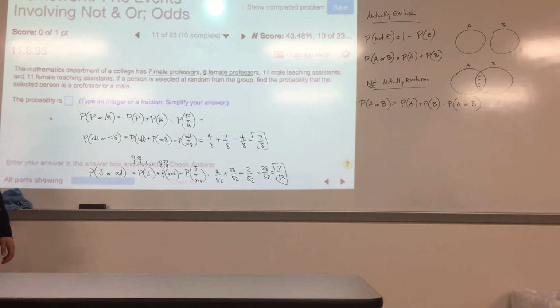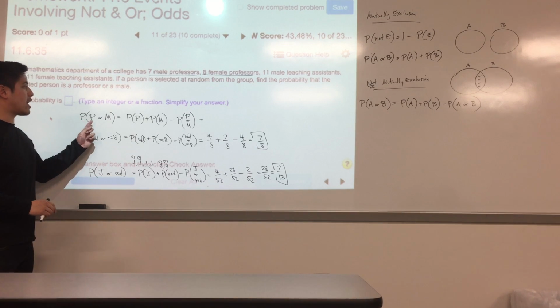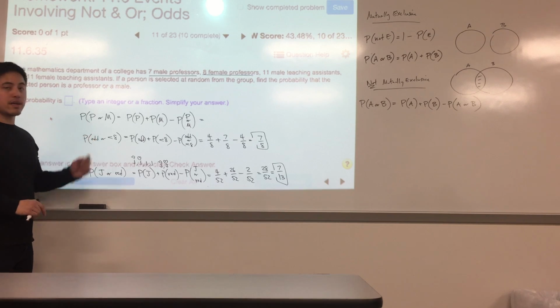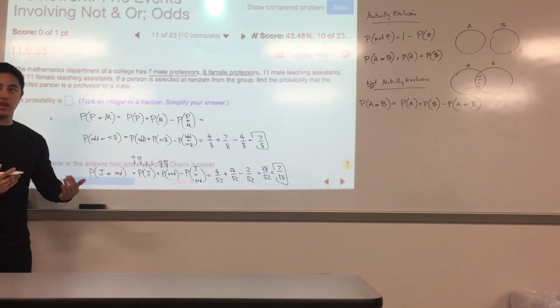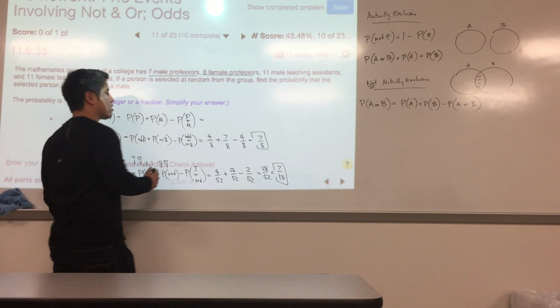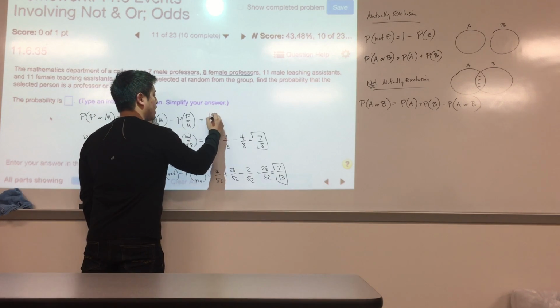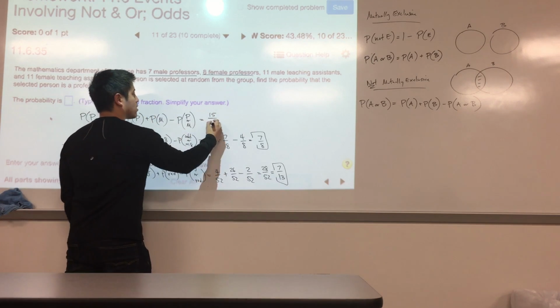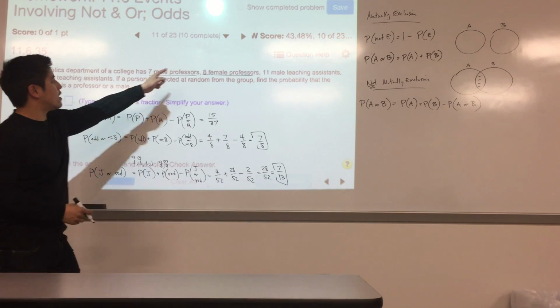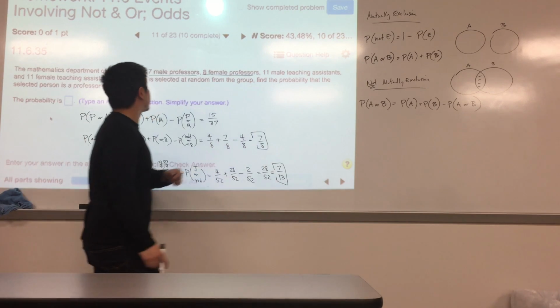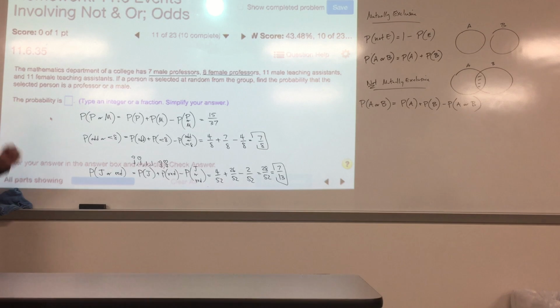Because you want to find the probability of getting a professor. That means both the male and females, right? And so that's 15 out of how many? 37. Is it 37? Let's take a look. 7 and 8, 15. 15 and 11, 26. 26 and 11, 37. Good.